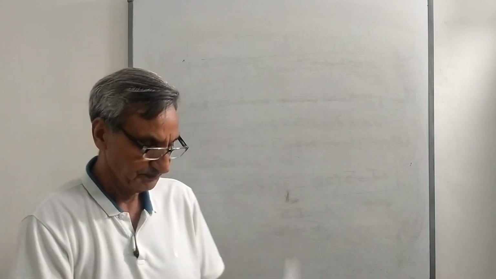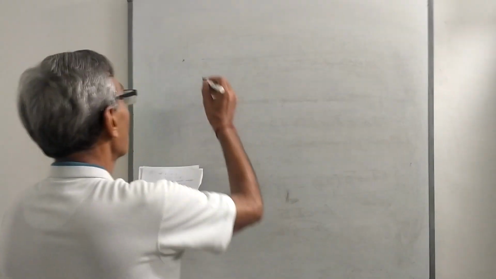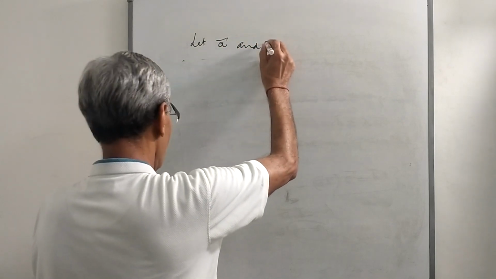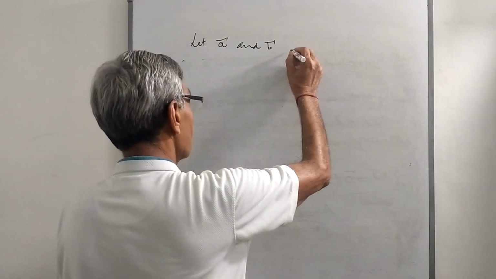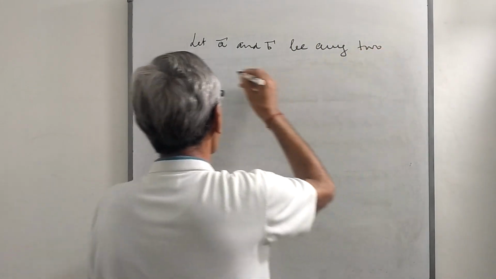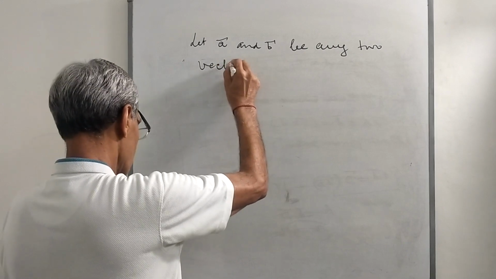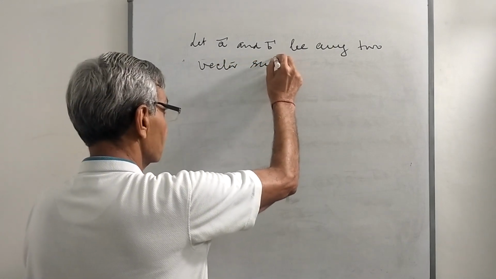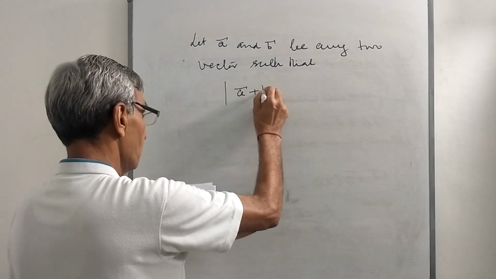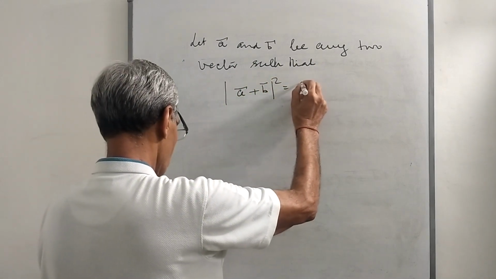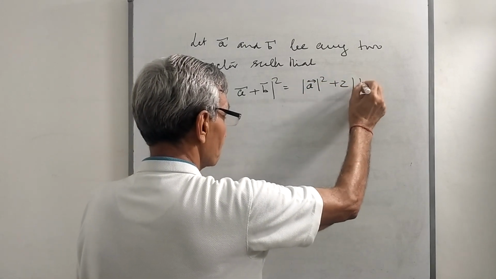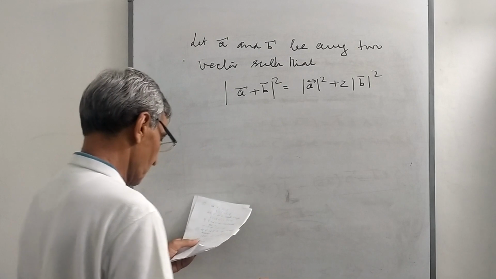Second question is here. Let A and B be any two vectors such that magnitude of A plus B whole square is equal to magnitude of A square plus twice magnitude of B square. This is the first condition.